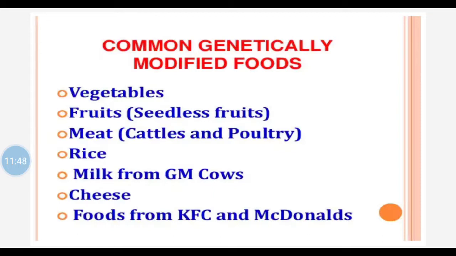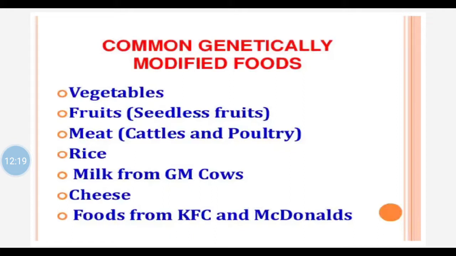Now, common genetically modified foods, as I said, this is possible: insertion of a newer gene or modification of the genetic code is possible in vegetables and fruits. Nowadays we are getting so many fruits which are seedless. That is the result of the newer recombinant technology.